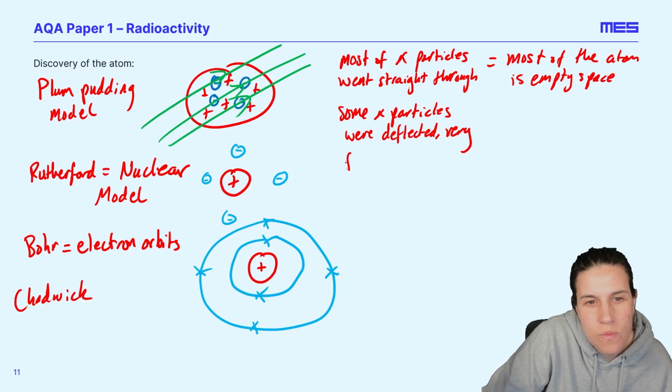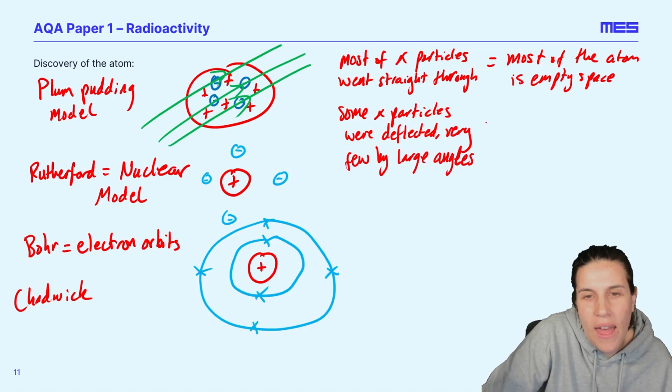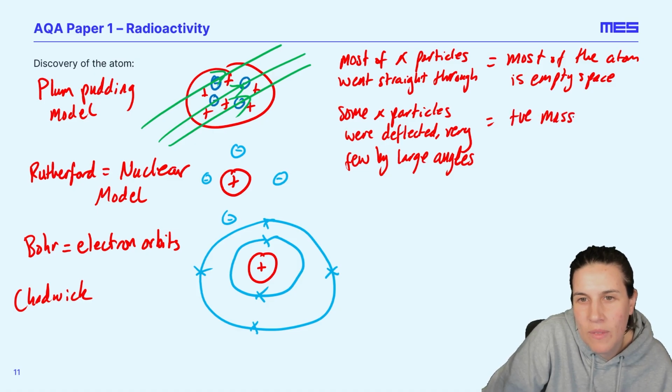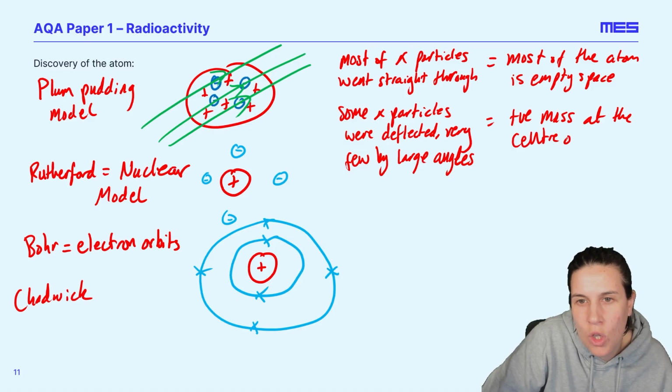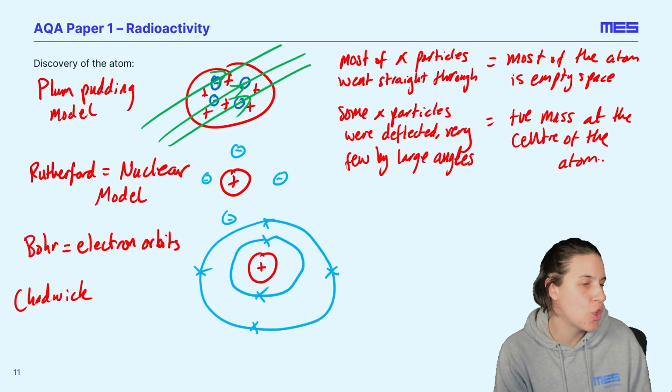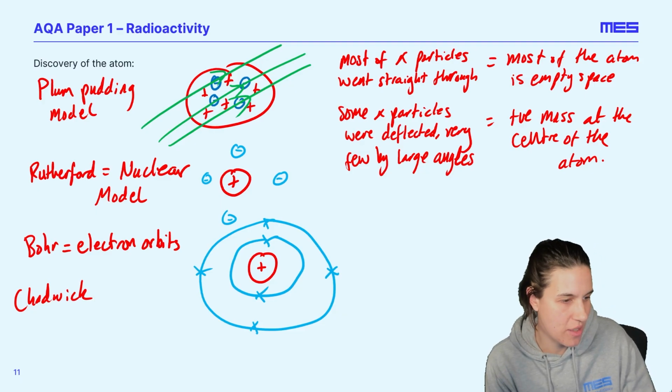Very few by large angles. That means that we've got a positive mass at the centre of the atom, which we then called the nucleus.